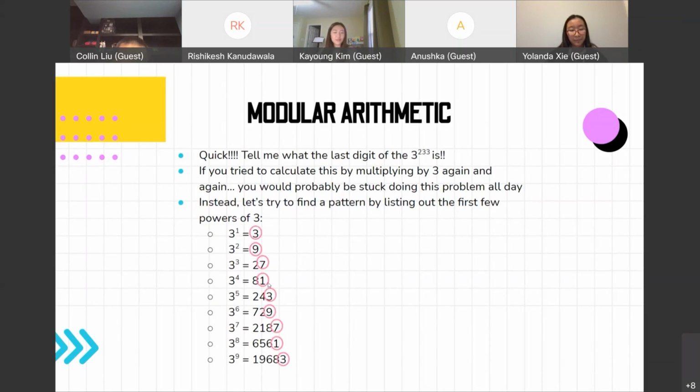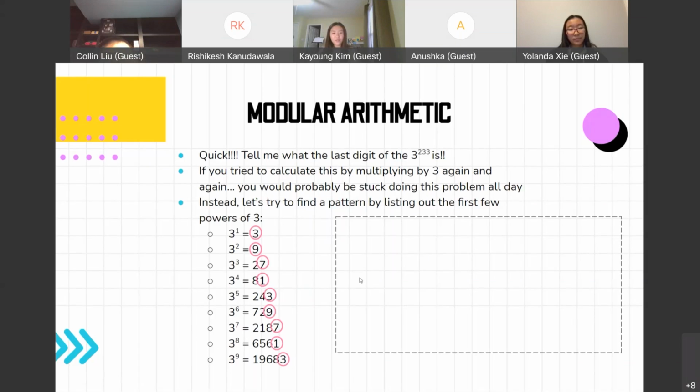There's 3, 9, 7, 1 every 4 powers, and then the next 4 powers is also 3, 9, 7, 1. So the first power's last digit is 3, the second is 9, the third is 7, the fourth is 1, the fifth is 3, the sixth is 9, the seventh is 7, the eighth is 1, and on and on.